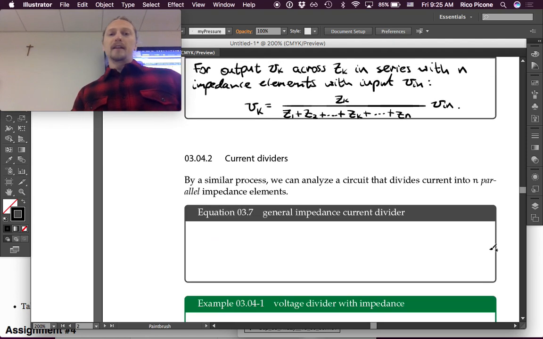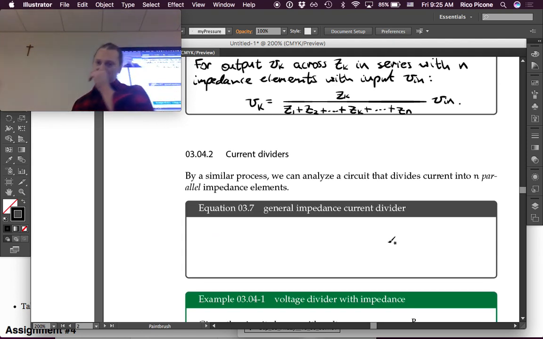All right, current dividers. By a similar process, we can analyze a circuit that divides current into N parallel impedance elements.